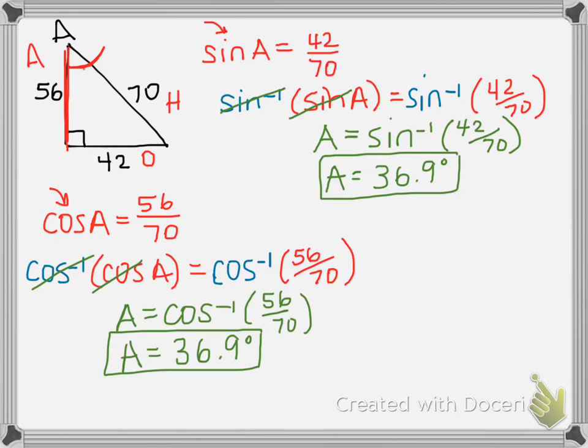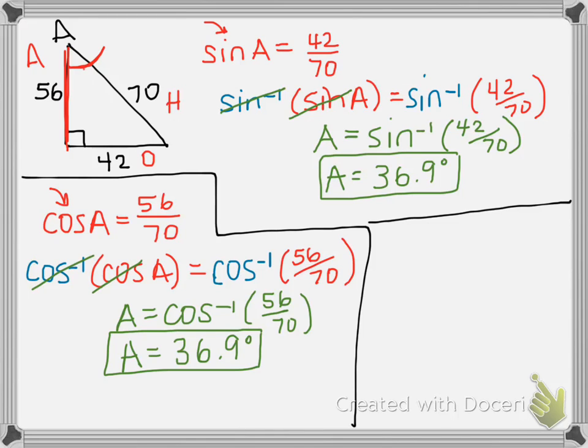But as long as we match up the correct side length and the correct ratio with them, it should work out. And last but not least, we could have used opposite and adjacent, since we know the opposite side, and said that we want tangent of A is 42 over 56. Now I have that correct.